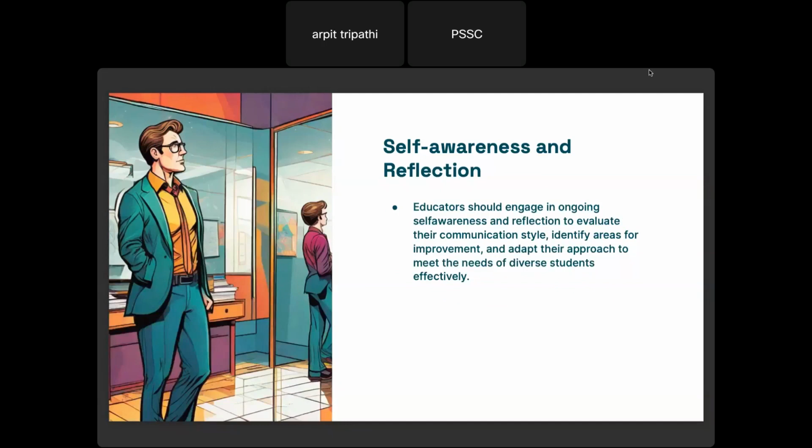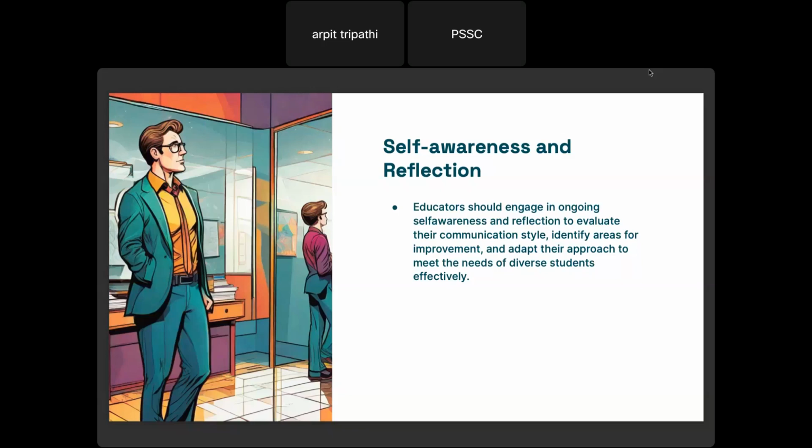So, dear teachers, self awareness and reflection are essential practices for educators to enhance their teaching effectiveness and, of course, personal growth.